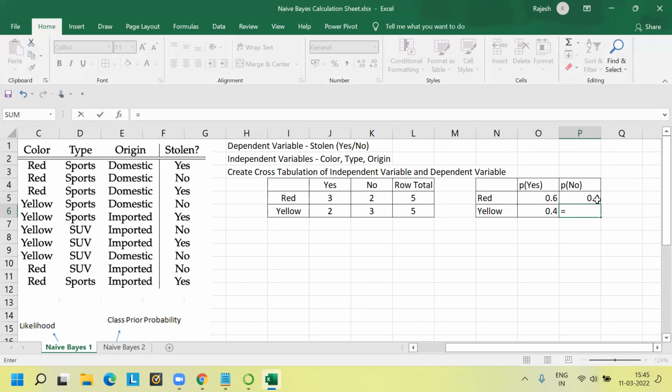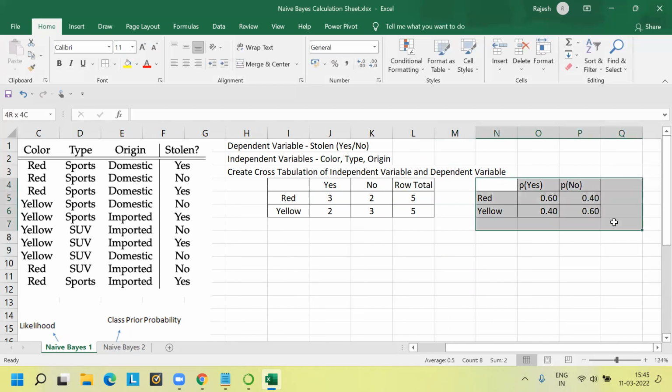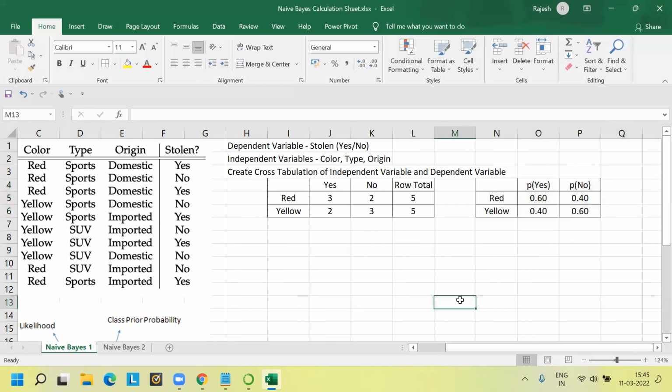Equal to 3 divided by 5. You got the probabilities. Probabilities should always be 2 decimal. Got it?